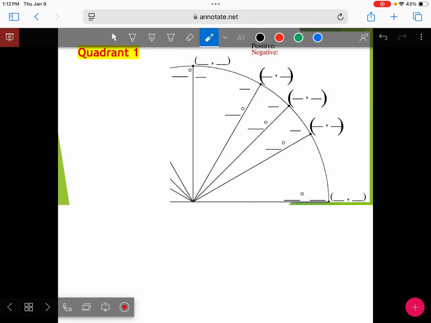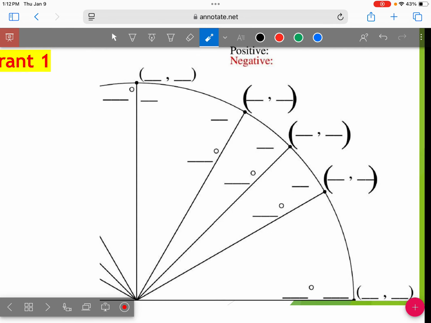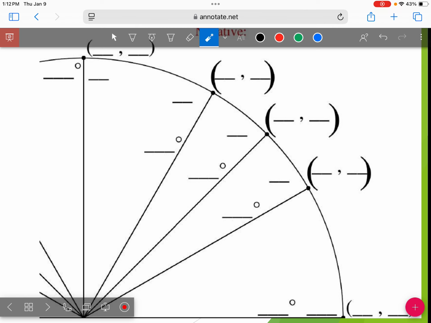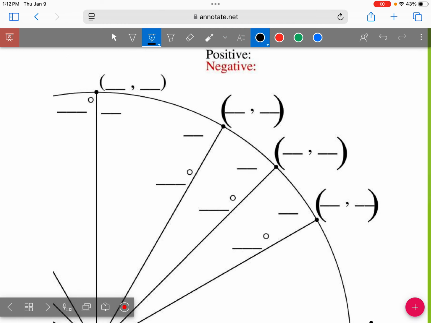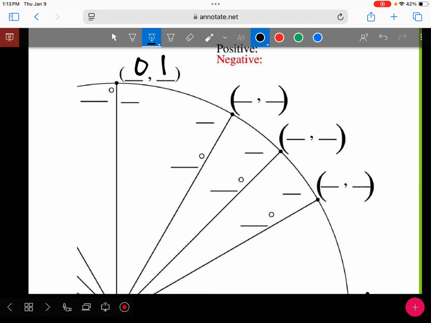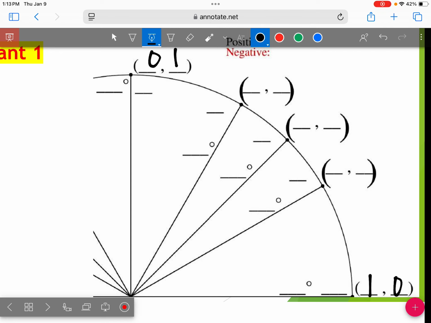All right, so let's start filling in our unit circle, quadrant 1. We already said that this point here was 1, 0. And at the top, because the radius is 1, that's 0, 1. So let's fill that in. Now let's fill in our degrees.